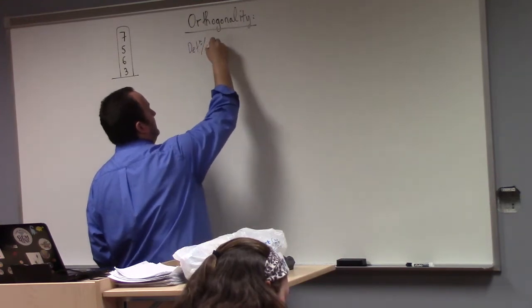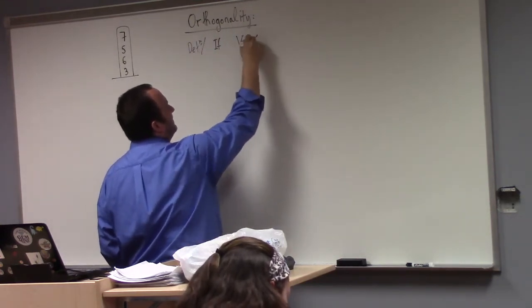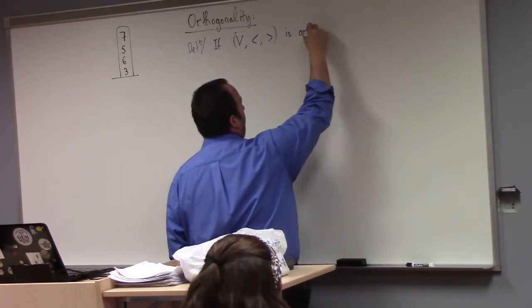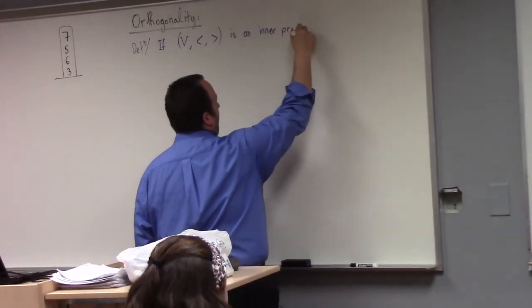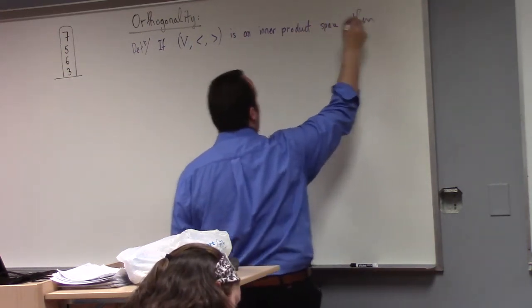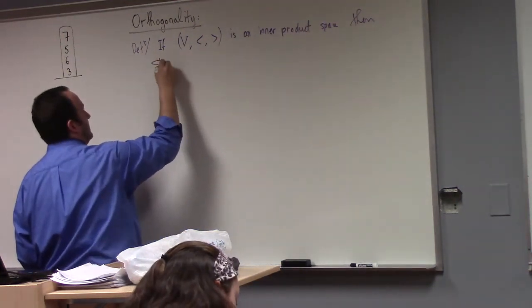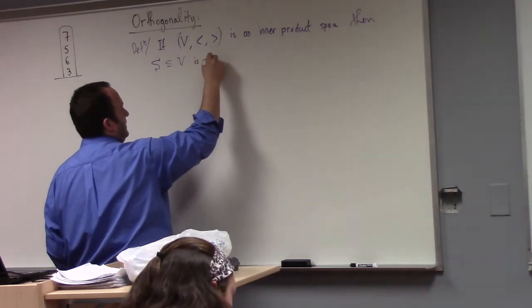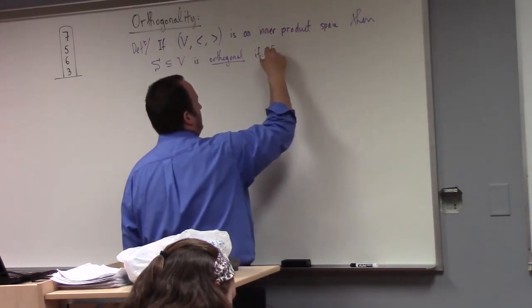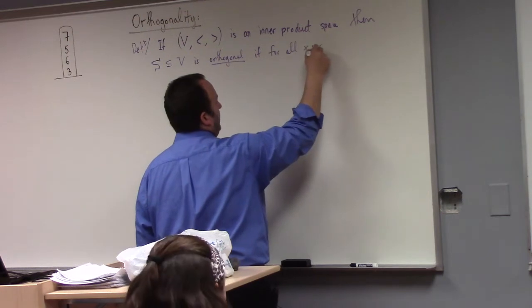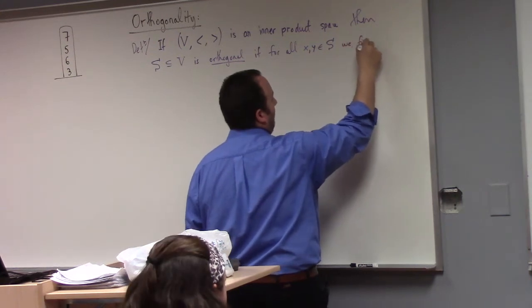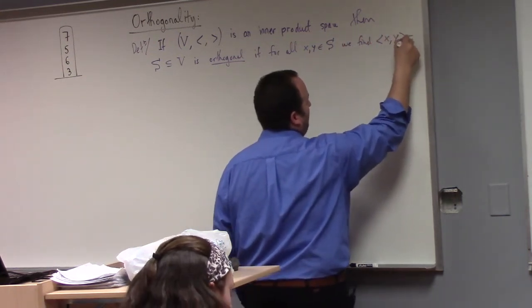Perpendicular, yeah. So if V paired with an inner product is an inner product space, then we said that S, a subset of V, is orthogonal if for all x, y we pick from S with x not equal to y, we find that the inner product of x and y is 0.